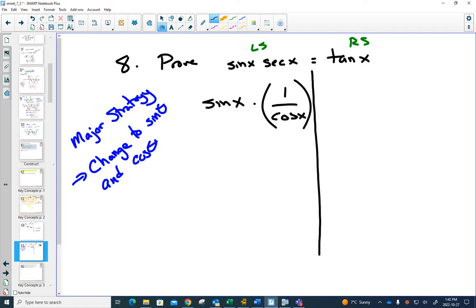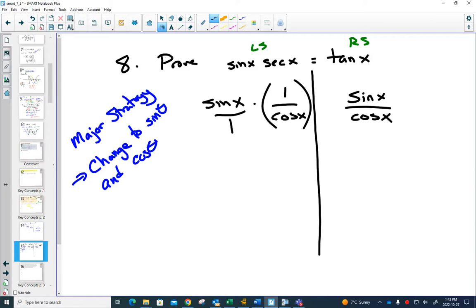Is there something I could change tan to that involves sine over cos? It's sine over cos. So this major strategy often gives us a hint of what we need to do next. If I change everything to sine over cos, on the right side I've got sine over cos. On the left side, I have two fractions that are multiplied by each other.